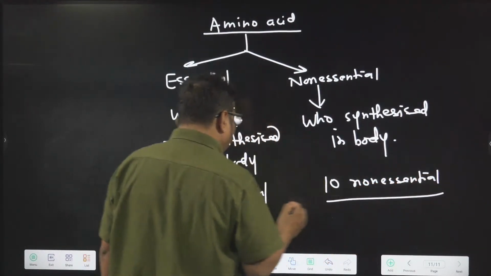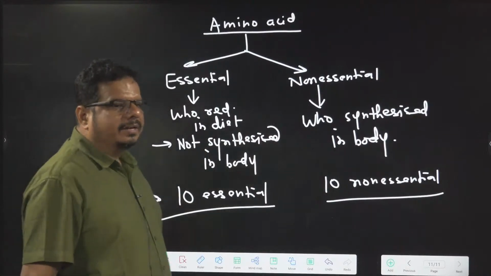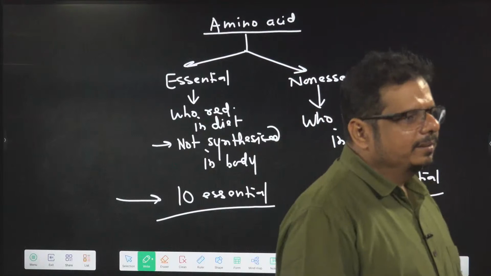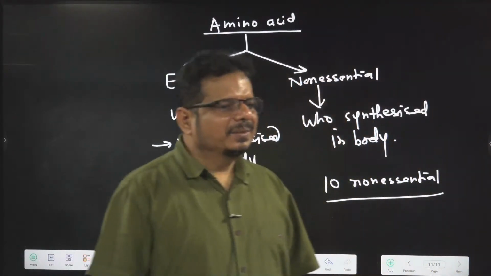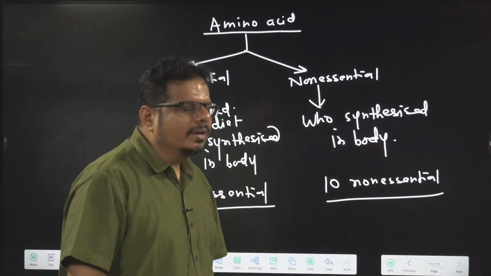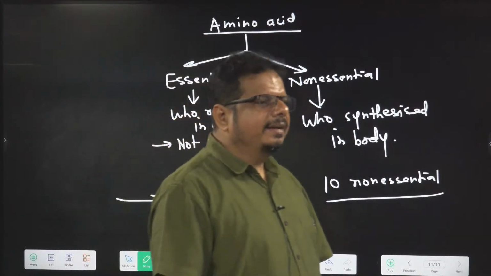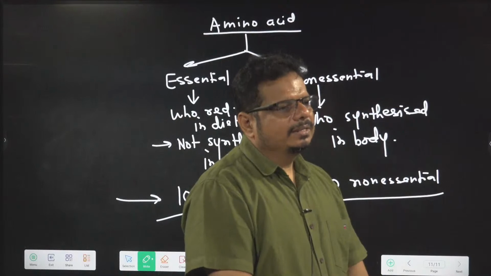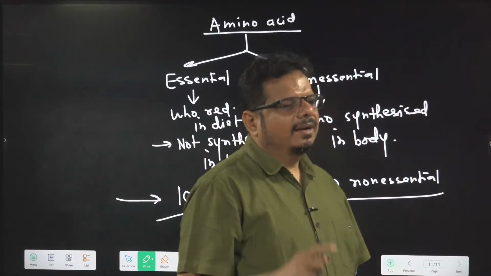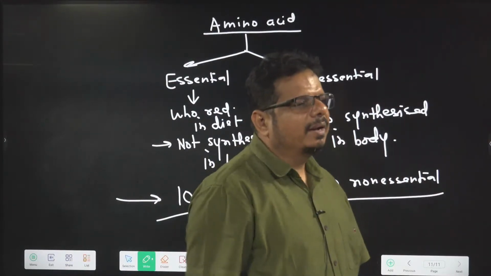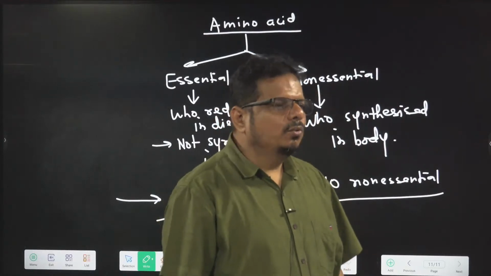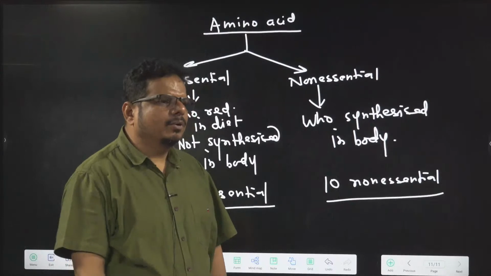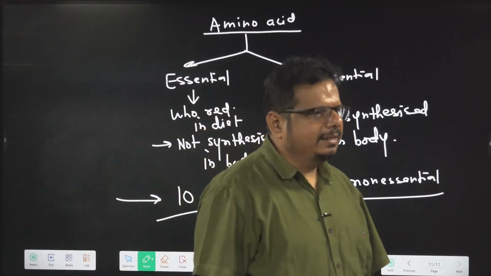And what is the source? The source is your chemistry book, biochemistry. In that chapter a table is given. Amino acids that are star marked are essential, non-star marked are non-essential. In that particular biochemistry chapter, chemistry sir will teach it.